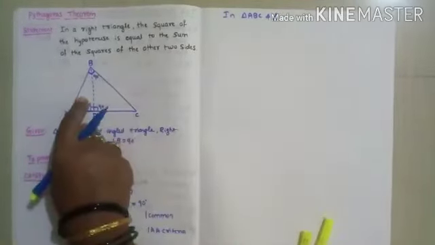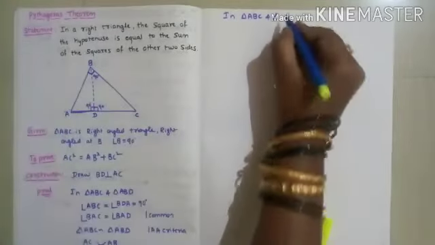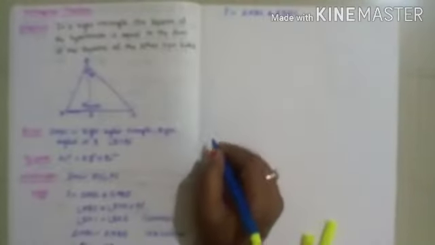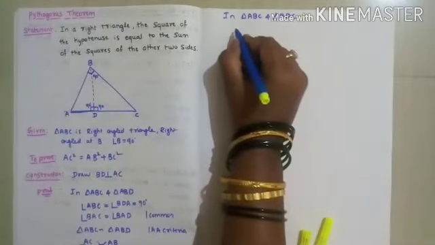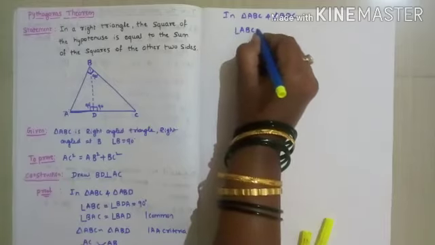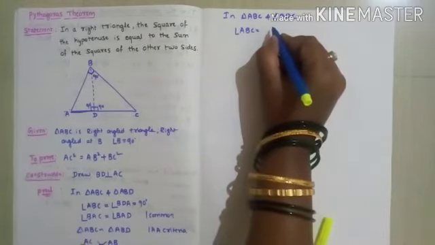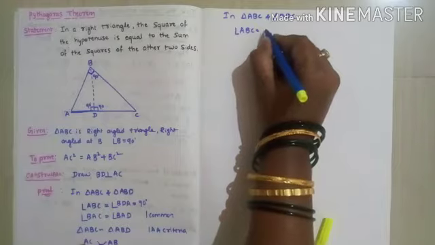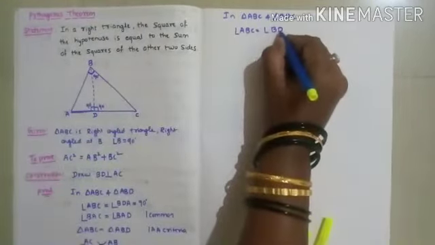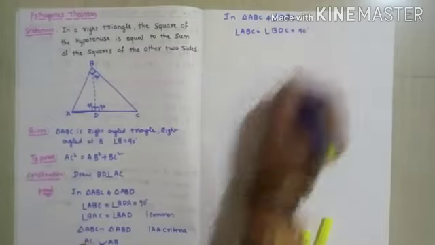Now I am considering this one, BDC, and the same thing, 90 degrees we'll consider first. In triangle ABC, B is the 90 degrees. ABC is equal to, in triangle BDC at vertex D 90 degrees is there, so I can write BDC is equal to 90 degrees.